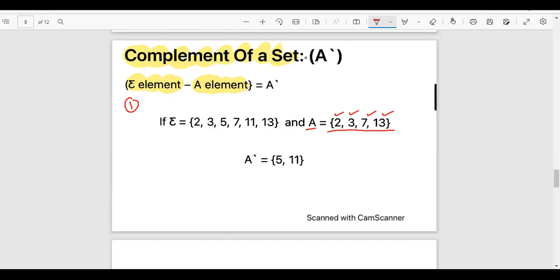Forget about what universal set is, what A is. You can see two sets in front of you. This set is the universal set. This is the set A. We are talking about A complement. We write it as A dash. How are we defining it? A dash or A complement has all the elements of the universal set except the elements of A. Let's see.